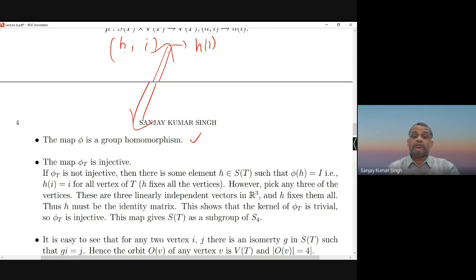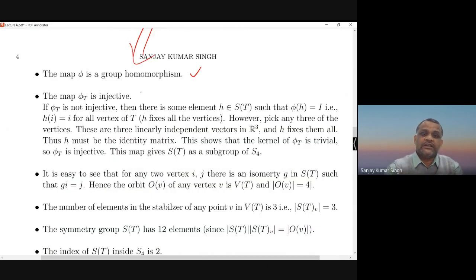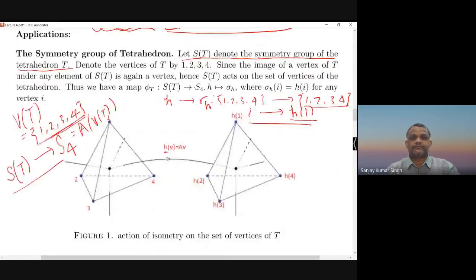Now, a very important observation is that this is an injective map. How? Suppose phi_T is not injective. It means that there exists some isometry h here such that its image is trivial. Because in group theory, if the kernel is non-trivial, the map is not injective, and if the kernel is trivial, the map is injective.